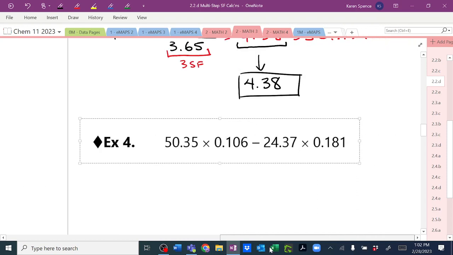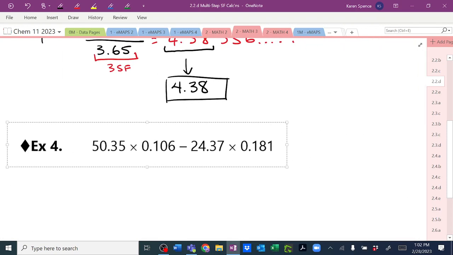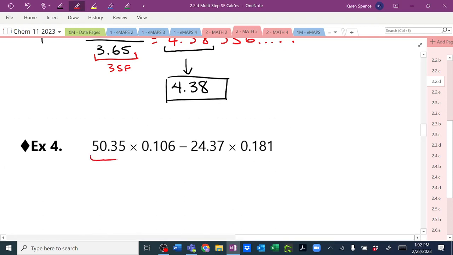Okay. So in this case, if we do BEDMAS, we have no brackets, we have no exponents. So now we need to do the multiplications first. We're going to do this, and we're going to do this before we do our subtraction.